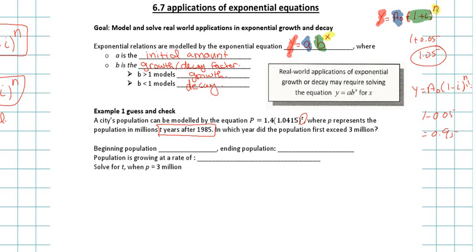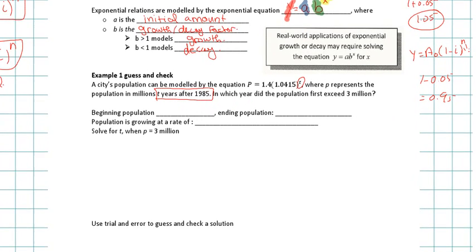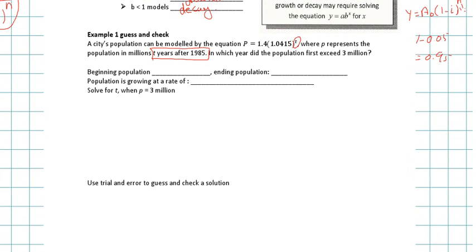The question is asking you, in which year did the population first exceed 3 million people? So what am I solving for? Read the question.